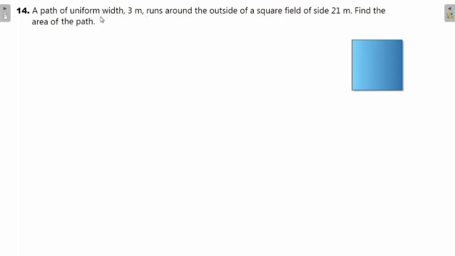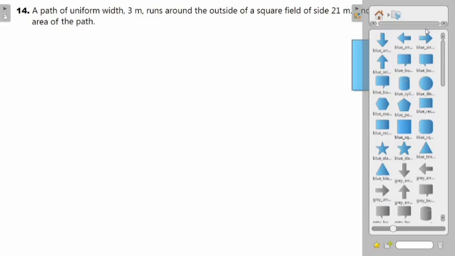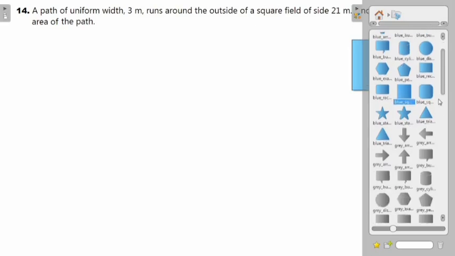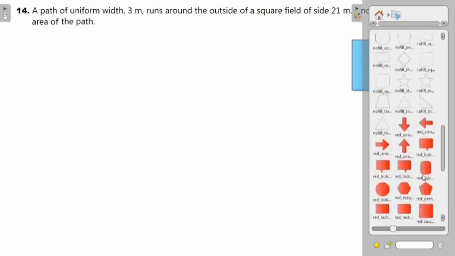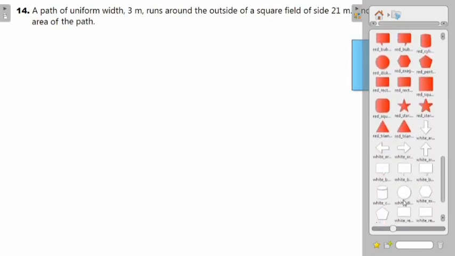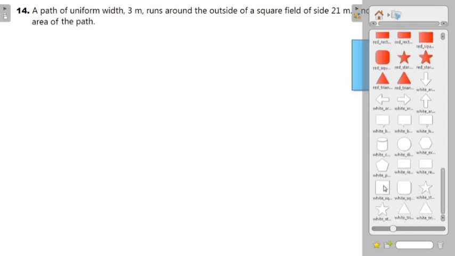So that means, suppose if I draw a path of uniform width here, then this outer figure will also be of which kind? This will also be a square shape, right? Are you able to understand? Okay, so what we'll do is we will draw one more square.